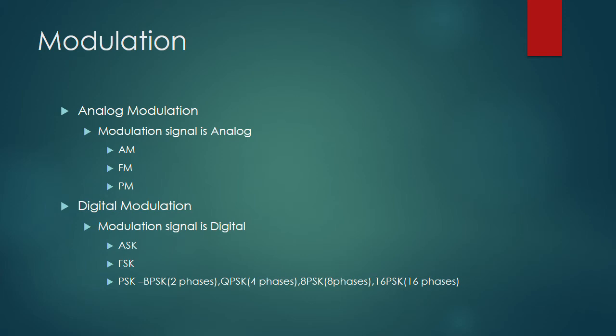For 8 phases, it's 8 PSK. 16 phases is 16 PSK. Likewise, according to the number of phases, as an example, BPSK has 0 and 180 degrees. Then it has two possible values. Like that, the modulation can happen.